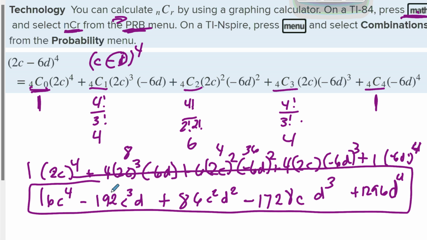Whenever you have a negative that's cubed, it stays negative, and whenever you have a negative to an even power, it becomes positive. So that's how you do a binomial expansion with coefficients other than 1.